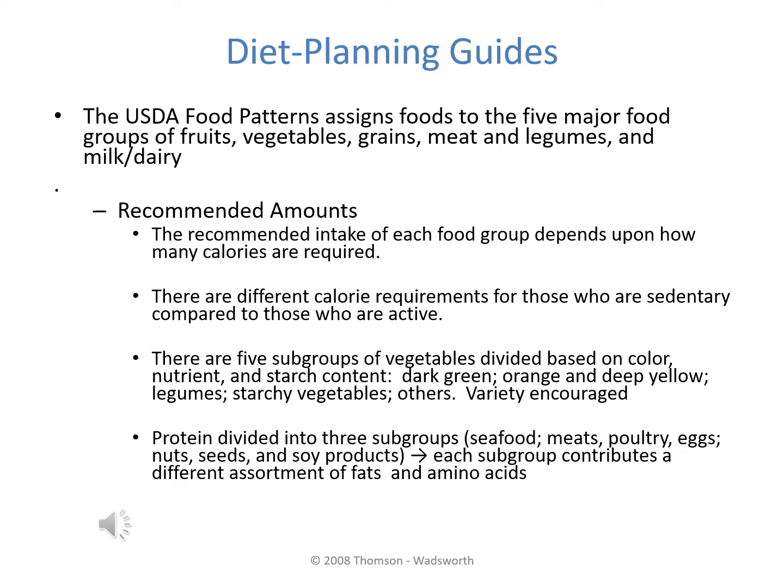Legumes fall under the veggies, but because of their protein content, we can also work them in as a protein. Each one of these subgroups contains a different amount of fat. They also contain a different type of fat, as well as various combinations of amino acids.